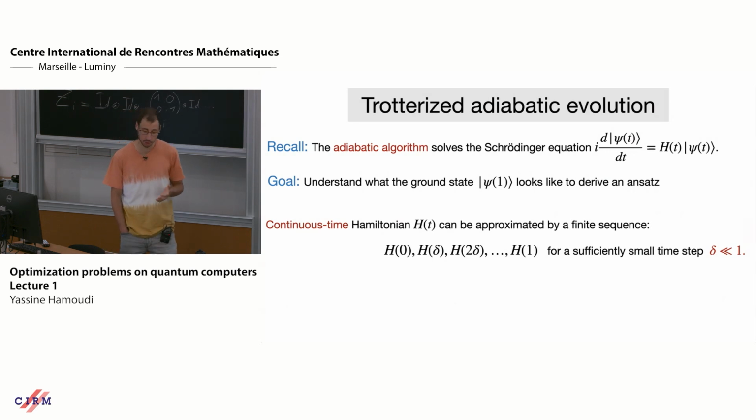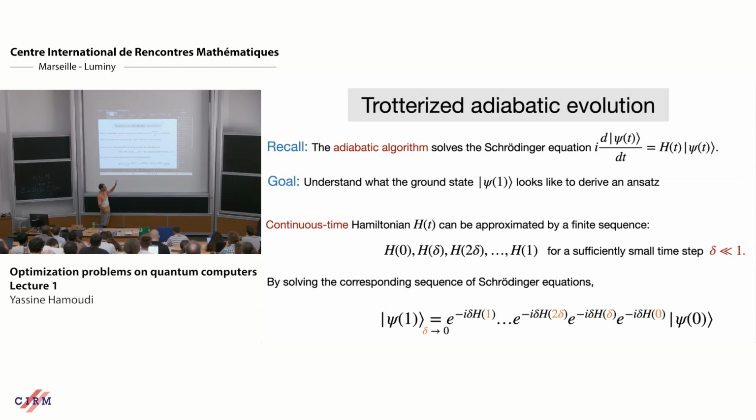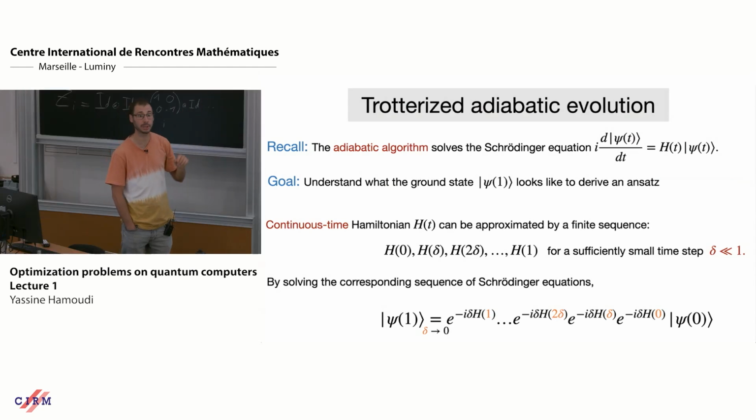Now, if we solve the Schrödinger equation for each individual Hamiltonian, then we can easily prove that the ground state is equal to the product of the unitary evolutions for each of the individual Hamiltonians when delta goes to 0. So if delta is very close to 0, this will exactly return the same state as if we solve the original time-dependent equation.